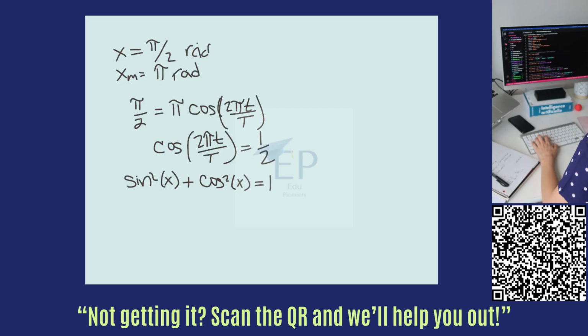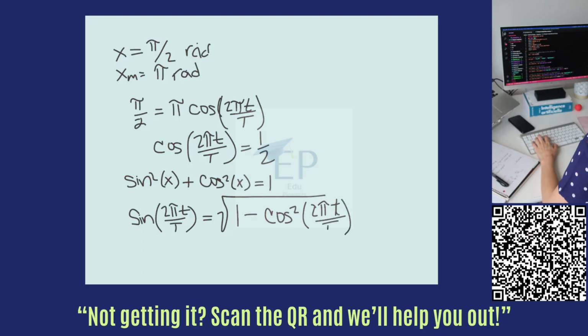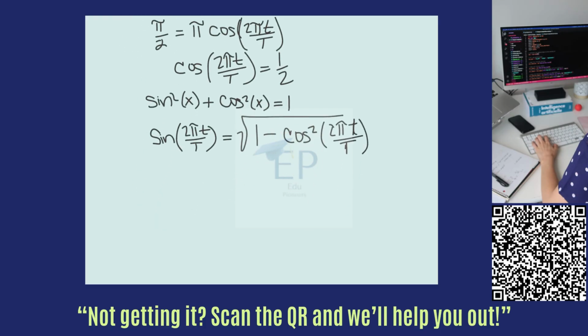So what that looks like is I would end up having sine of 2 pi t over period is going to be equal to the square root of 1 minus cosine squared 2 pi t over the period, which we already have is 1/2.